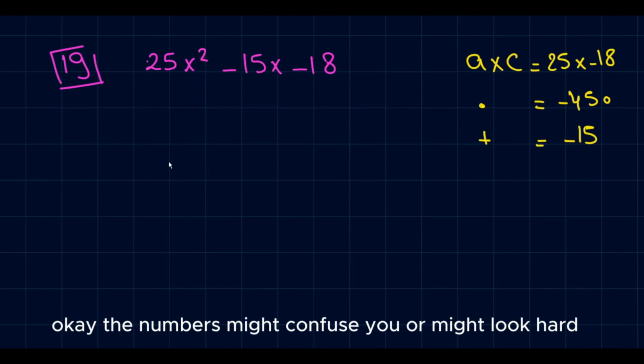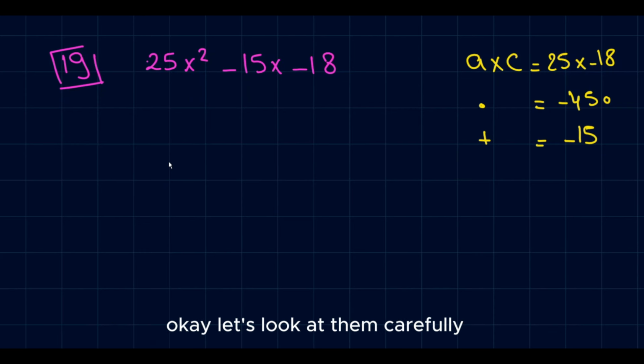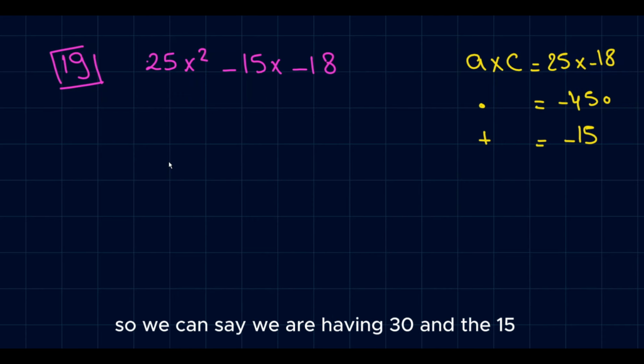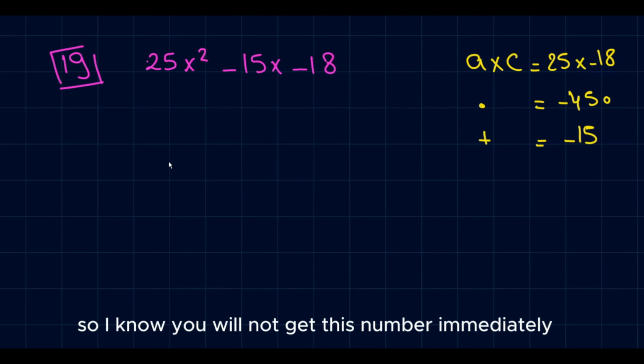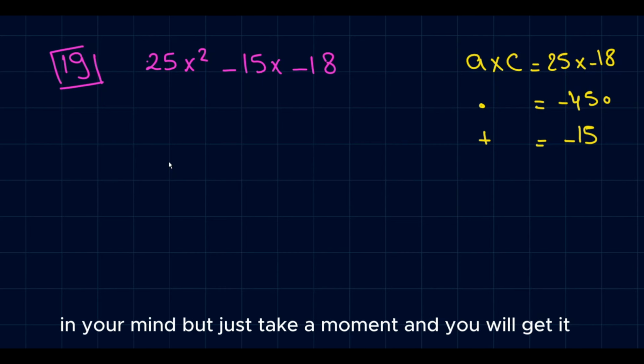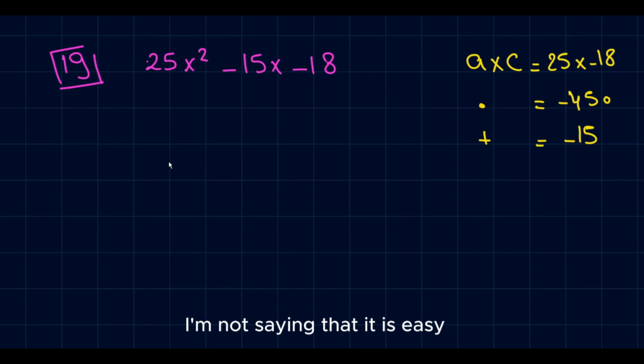The numbers might confuse you or might look hard. Let's look at them carefully. We have 450 and 15. Both of them have factors of 15, so we can say we are having 30 and 15. I know you will not get this number immediately in your mind, but just take a moment and you will get it. I'm not saying that it is easy, but also it's not hard to get it.